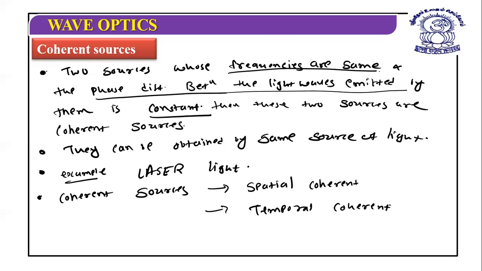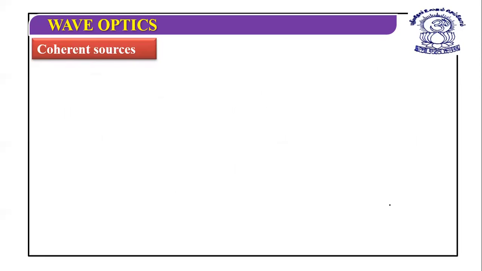There are two methods of obtaining these sources. One is division of wavefront and one is division of amplitude.